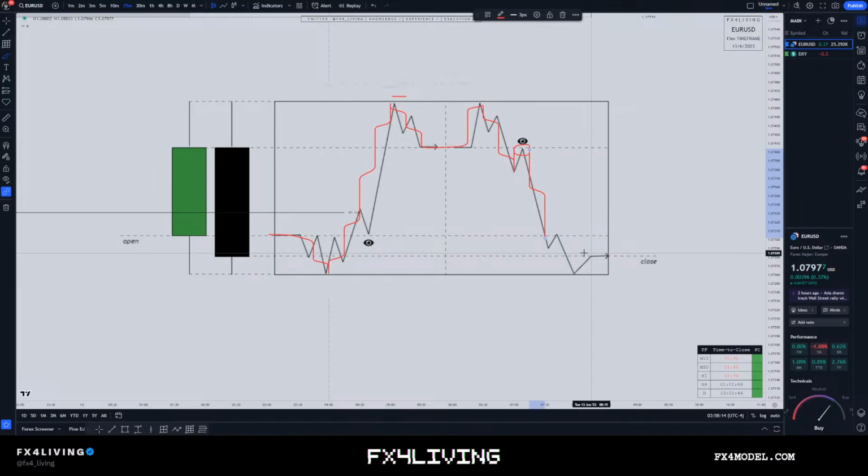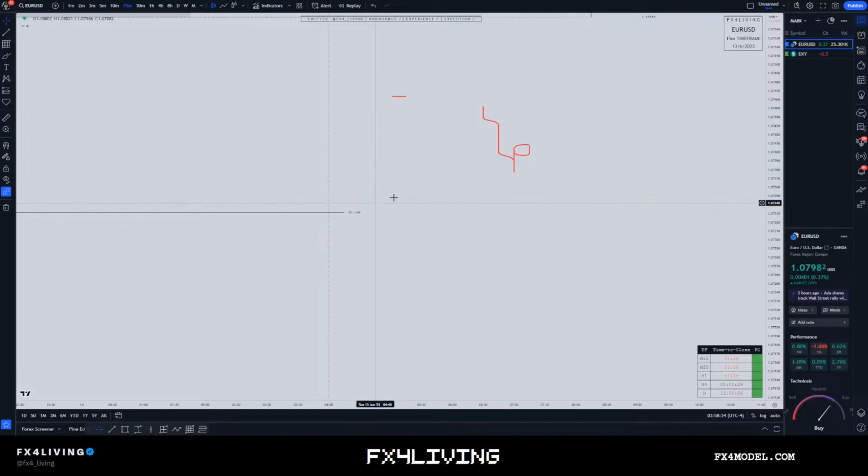But now what I'm looking for is to anticipate the next candle after this bearish candle here. So what I would like to see is maybe a retracement into premium from this candle. But for now, I want to go back on the chart and see what's going on.